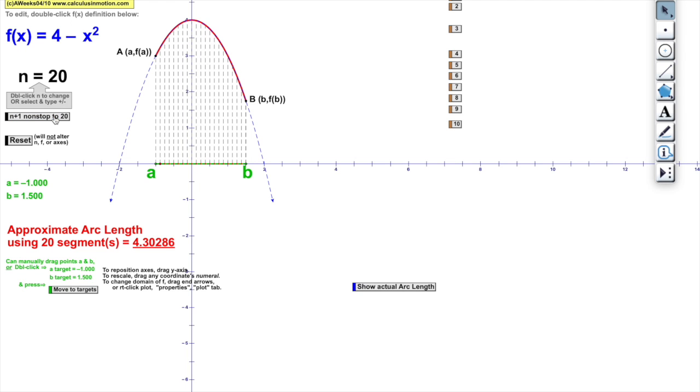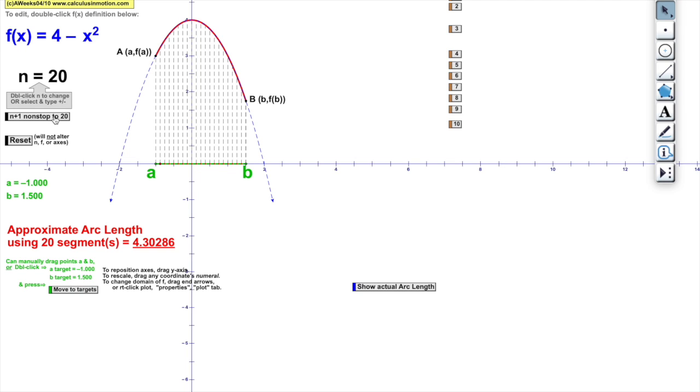This animation only goes to 20 segments, which would actually be 19 partitions. So we've divided the distance from A to B into 19 partitions, which creates one more segment than we have partitions.